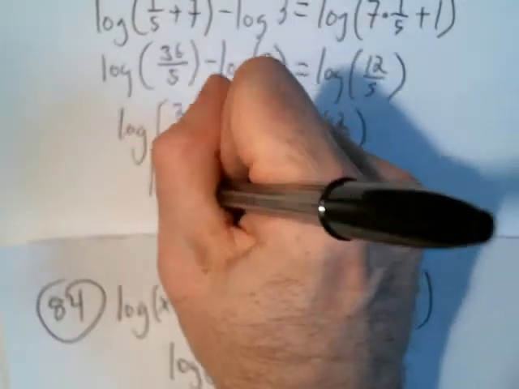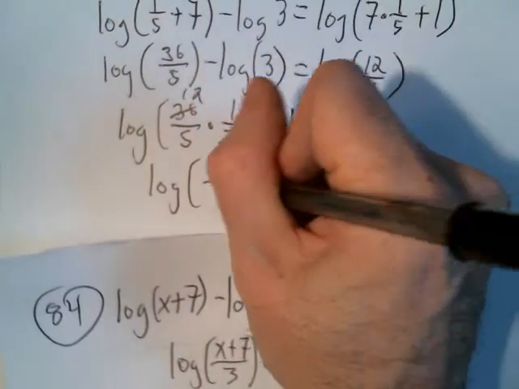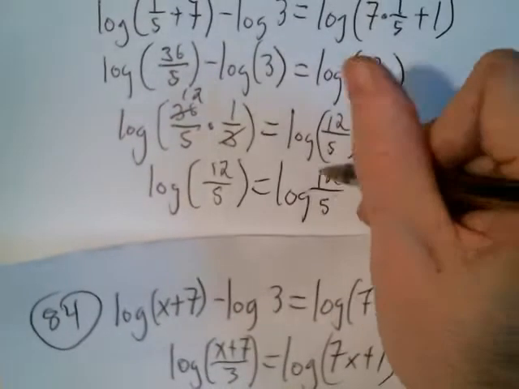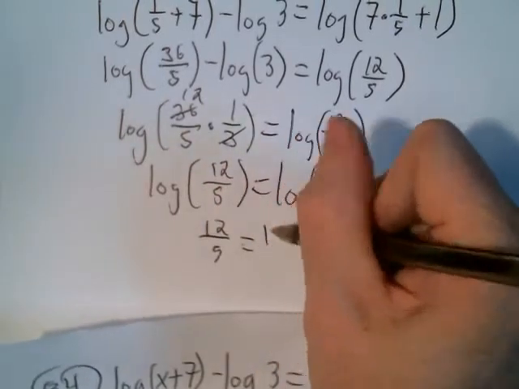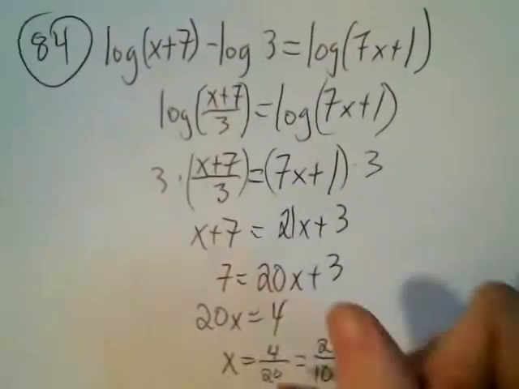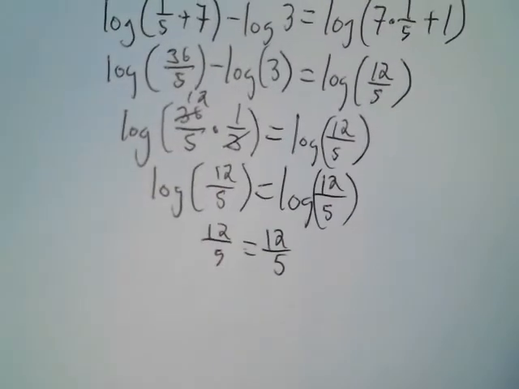Here, 3 goes into 36 12 times, so log of 12/5. Over here, log of 12/5. And so using the one-to-one property, 12/5 is equal to 12/5, and we're done. It works. So you come back here and give it your stamp of approval and move on with life.